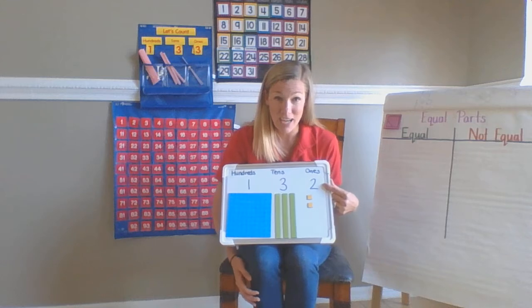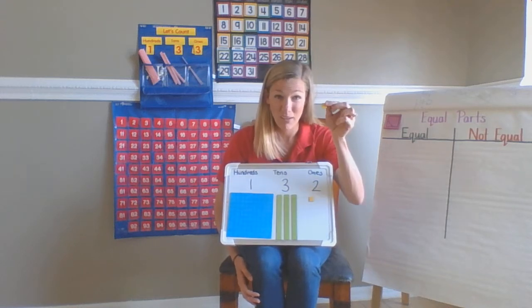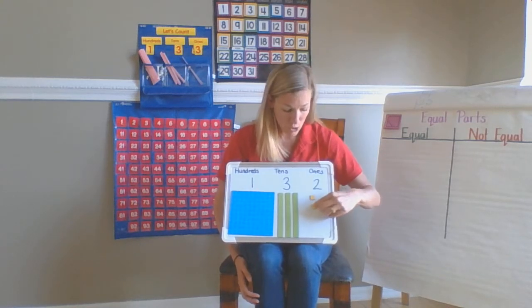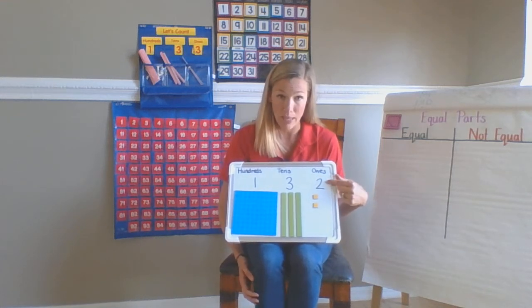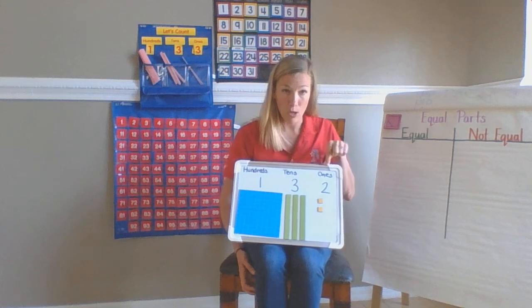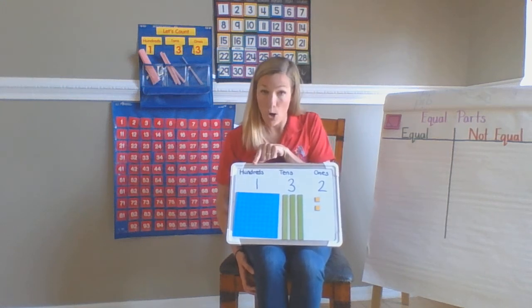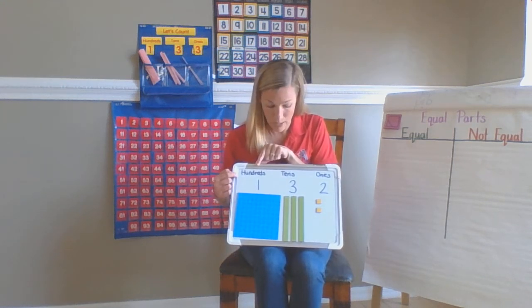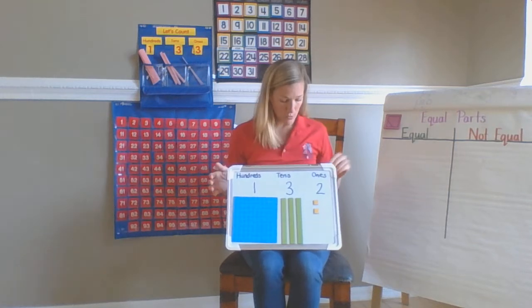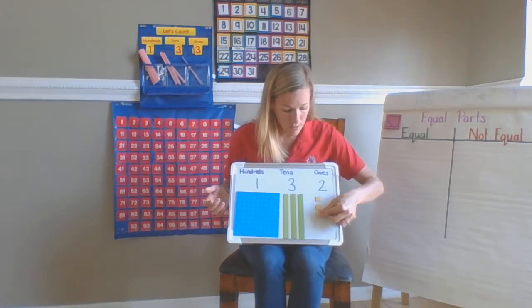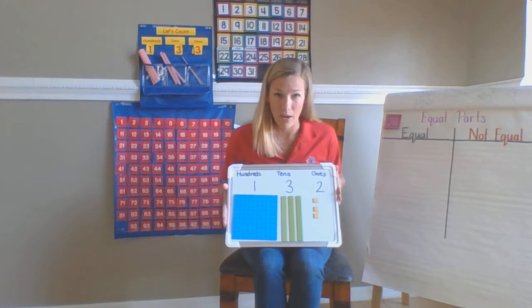And then in this last column, these represent 1. You got it. So far we have 1, 2 of them, and there's a 2 in that place. So if I'm reading my number across my chart, I've got 132. That's how many days we've been in school. Now I'm going to add my next 1 on there.